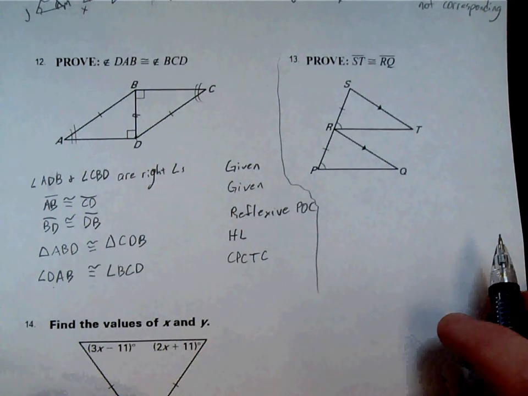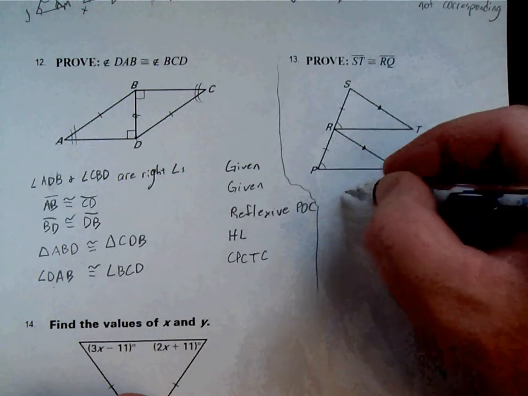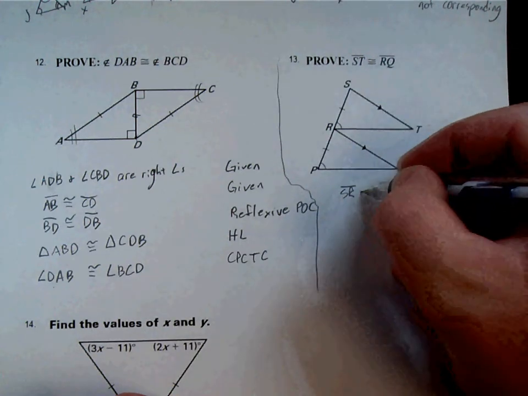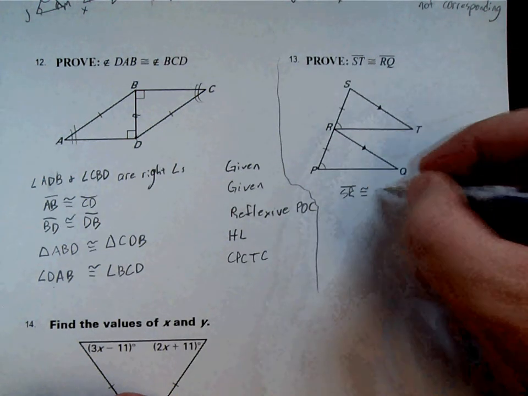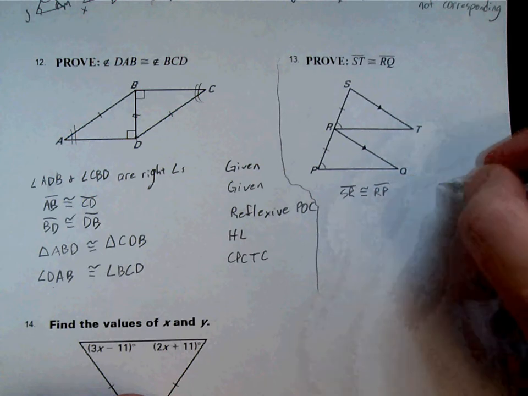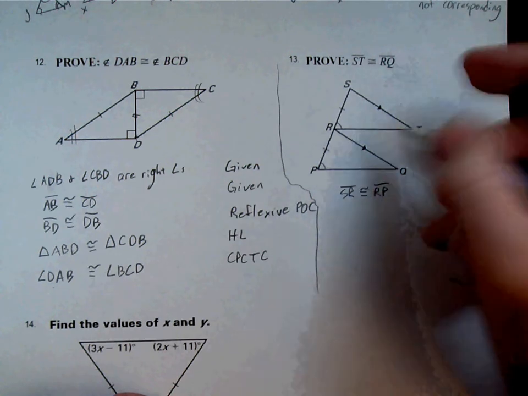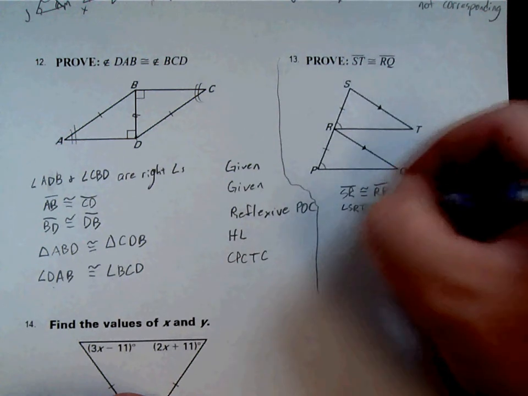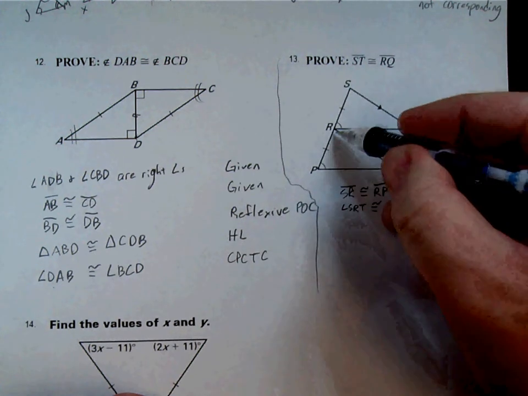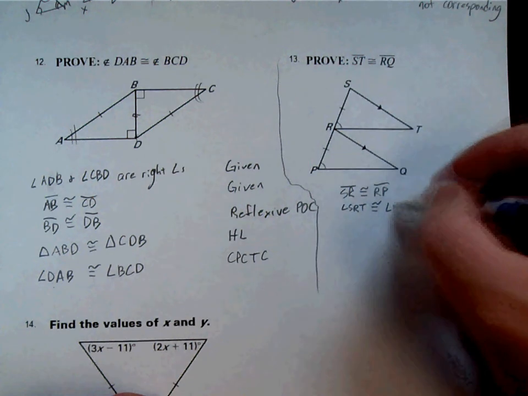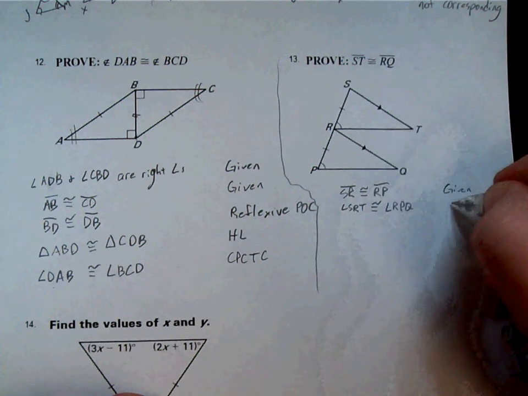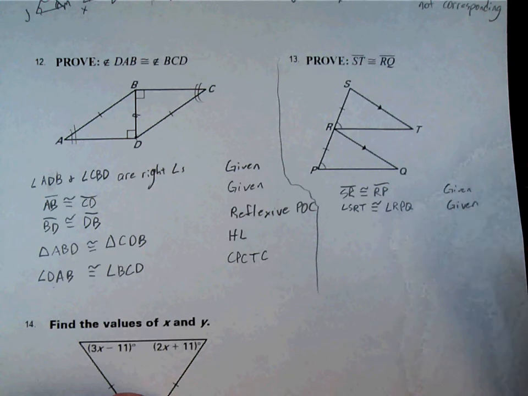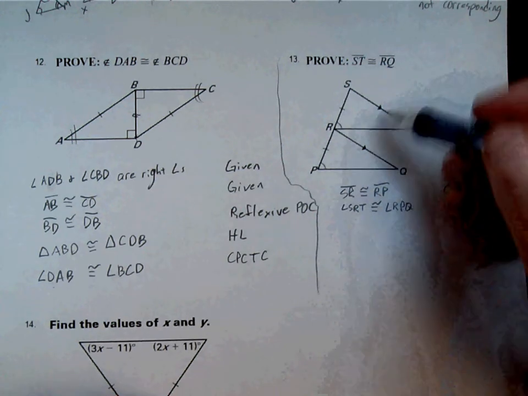Next one, some givens. We've got SR is congruent to RP, given. Angle SRT congruent to angle RPQ, given. It's not enough information, but we've got these parallel lines.